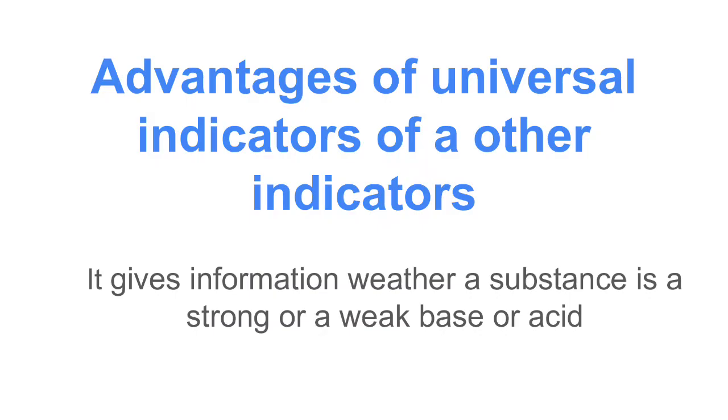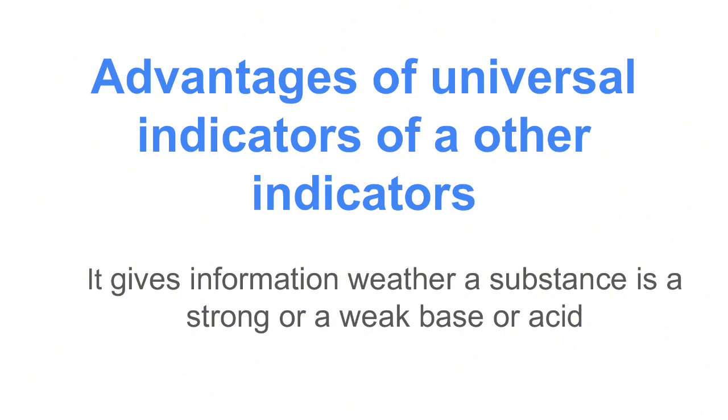Now, what are some of the advantages of the universal indicator over other indicators? The advantage of the universal indicator over the other indicators is that it gives information whether a substance is a strong or a weak base or acid, like I have explained above.